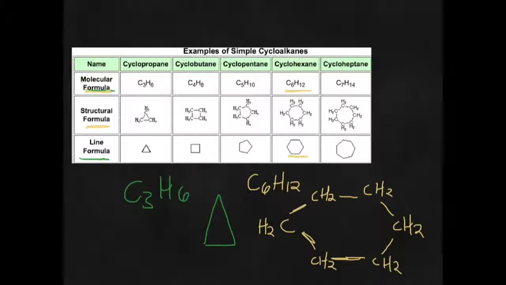So that way, now to check it, you can show that we need 6 carbons. So let's count. There's 1, 2, 3, 4, 5, 6. So we have our 6 carbons. Now we need our 12 H's. So you pretty much count around. So we have 2 over here. Another 2 makes 4, 6, 8, 10, and 12. So we know that that's right.